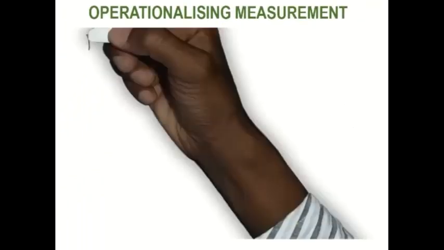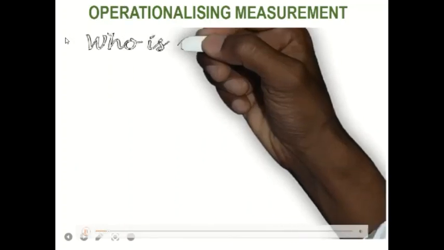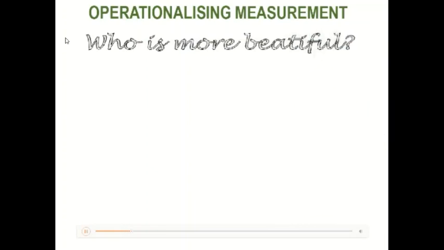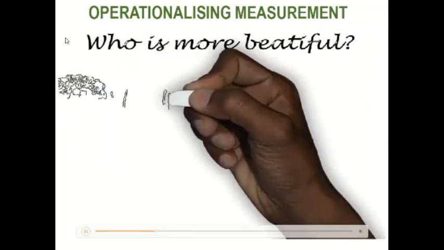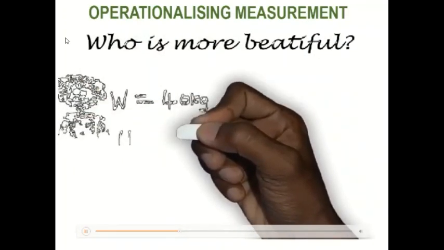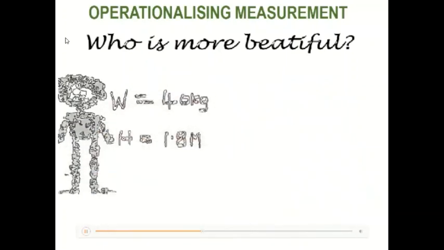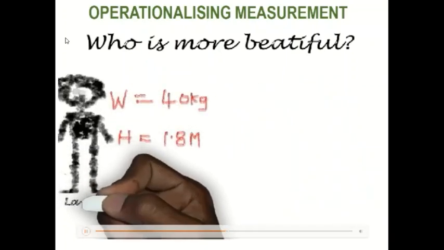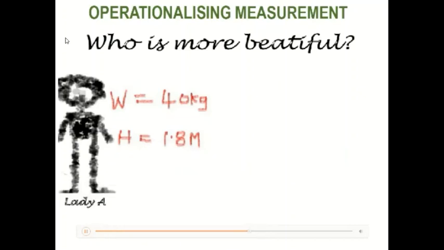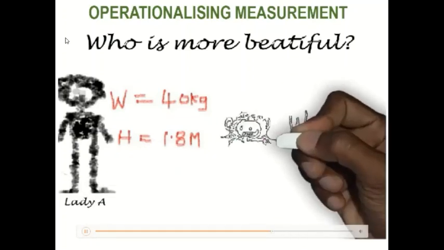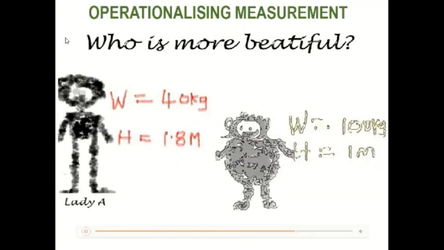Well, let's take a look at this diagram. I'm not that good at drawing, but maybe we can appreciate it this way. Who is more beautiful? Look at two ladies. Wow, lady A, weight 40 kg, height 1.8 meters.